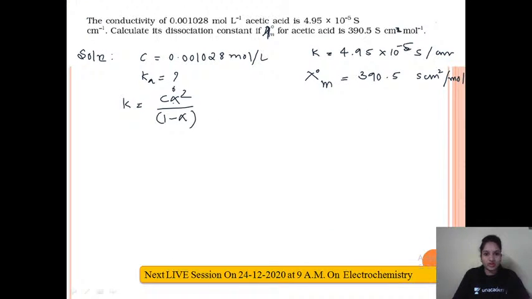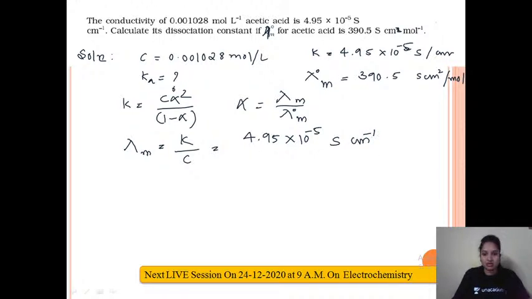So this alpha value we don't have. If you want to calculate alpha, it is lambda m upon lambda naught m. Now how to calculate this lambda m? That also we have seen in the last class. Lambda m is equal to K upon C. K value is given in the question, 4.95 into 10 raised to minus 5 Siemens per centimeter.